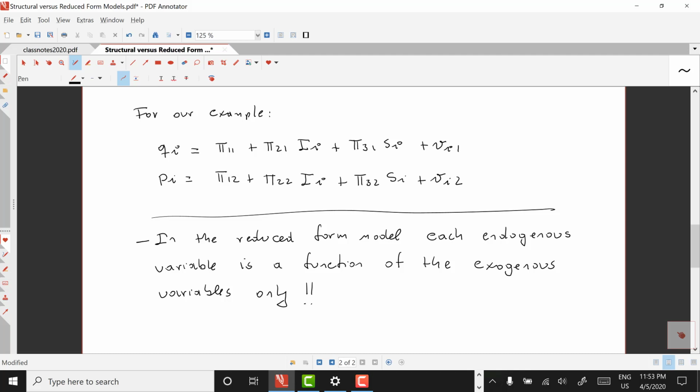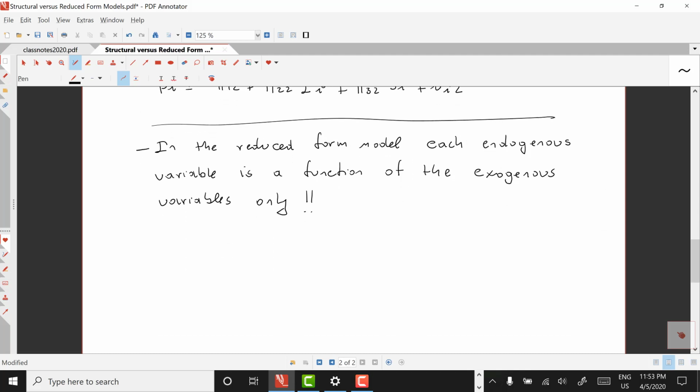What I wanted to show here, and I know it looks a little complicated, is that in the structural models, in each equation, we have both endogenous and exogenous variables. But in the reduced form model, we have the endogenous variables as dependent variables, and only exogenous variables as explanatory variables.